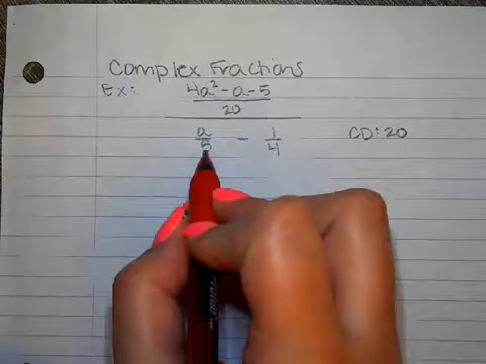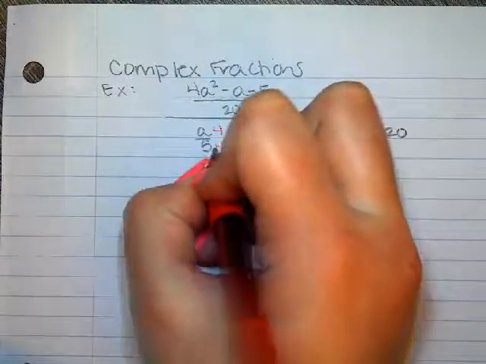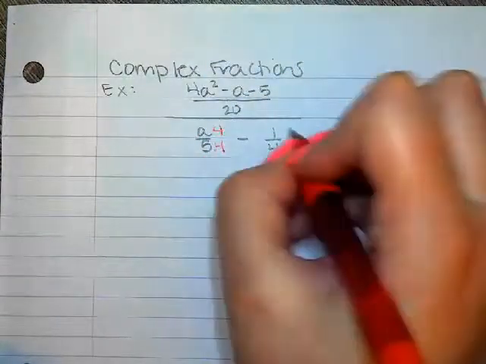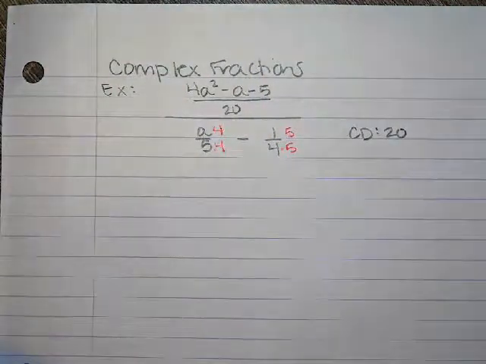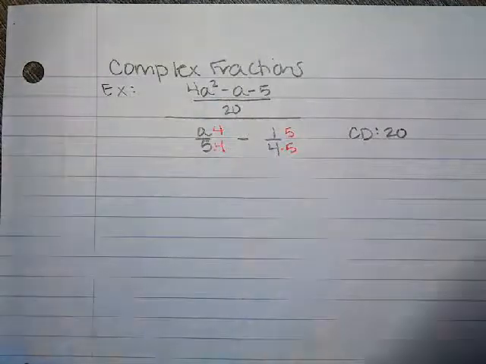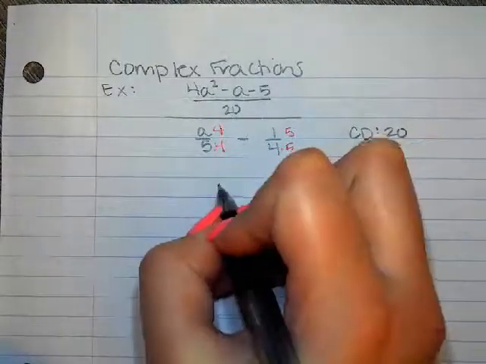So this one, that's 5, so we need to multiply the top of the fraction by 4, the bottom of the fraction by 4. That one's 4, so we're going to multiply the top by 5, the bottom by 5. So pretty easy fix there. Okay, so I got my common denominator. I'm going to go ahead and rewrite what I have.